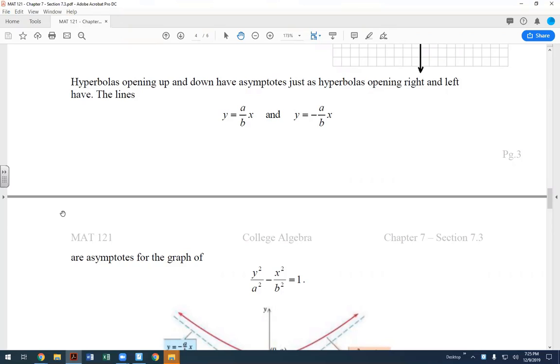So when you have a hyperbola opening up and down, these relationships are going to change. So the first thing you should notice is how the equation of the asymptotes have changed. Instead of having b over a, these guys are now a over b.